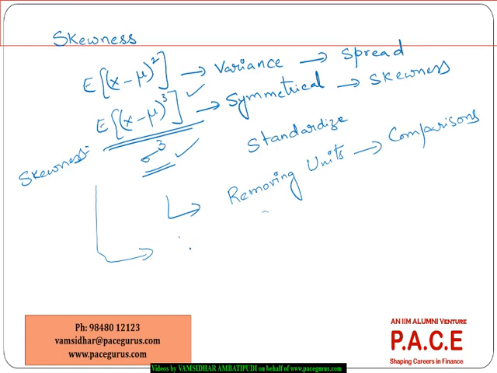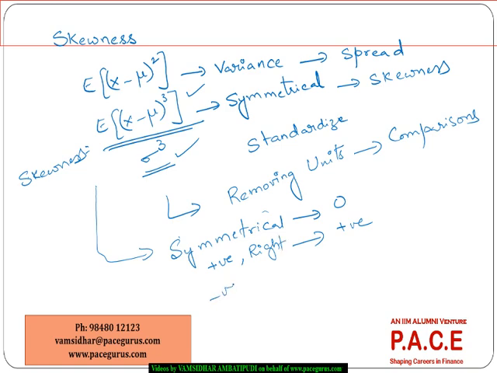And a few important things. If a particular random variable is more and more symmetrical about the mean, the skewness value will be close to 0. And if it is more and more positively skewed, the coefficient of skewness will be positive. Sometimes I call it positively skewed or right skewed.